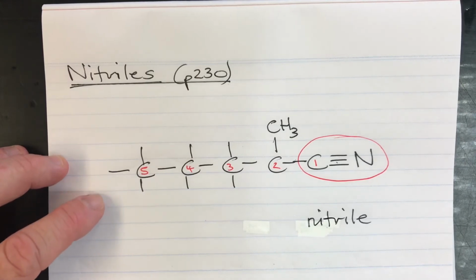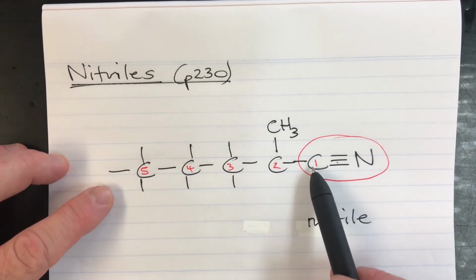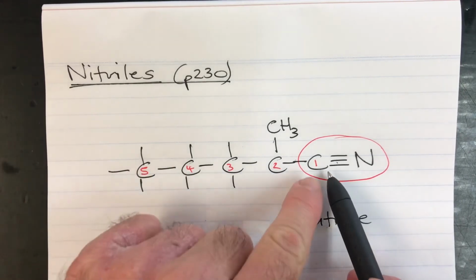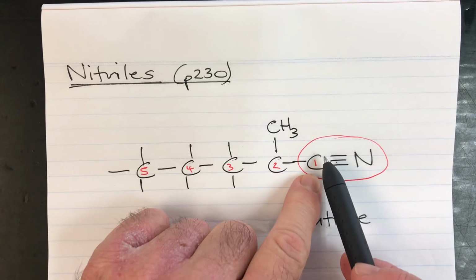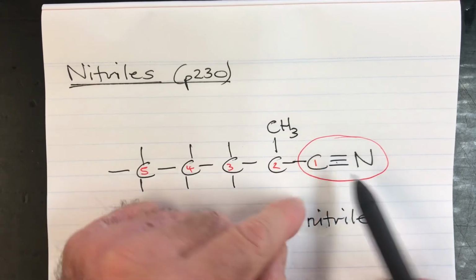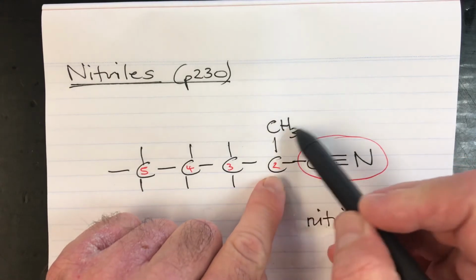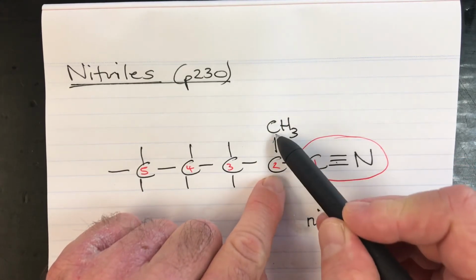And so we've got a 5 carbon main chain with a nitrile functional group, and we've got a methyl group coming off the second carbon.